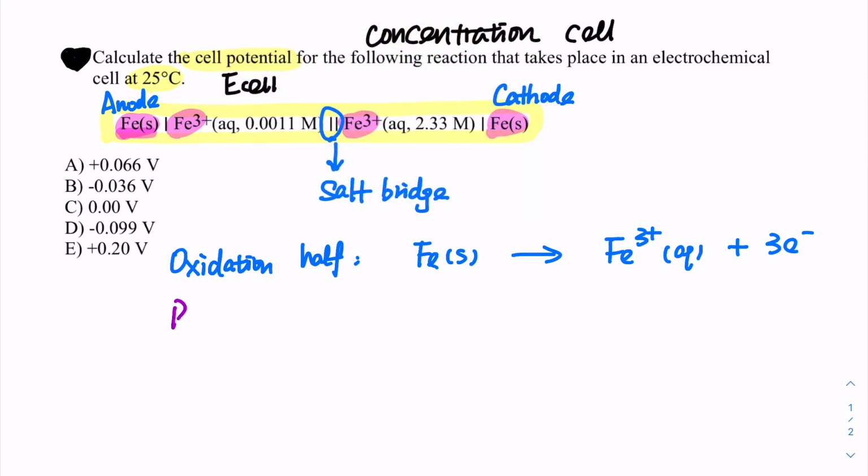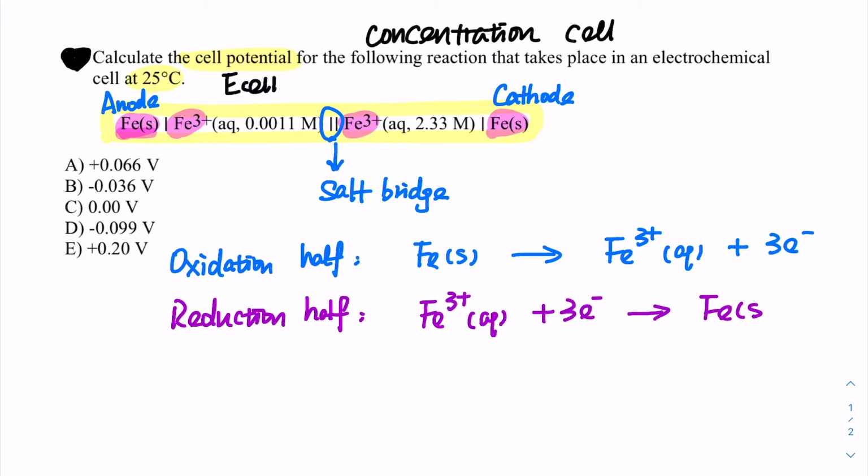Then my reduction half reaction: the oxidation number decreases, so it goes from iron ion, gaining 3 moles of electrons, and turns back into solid iron. Okay, so those are my half reactions.